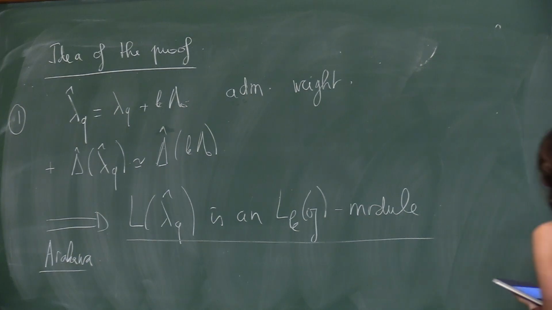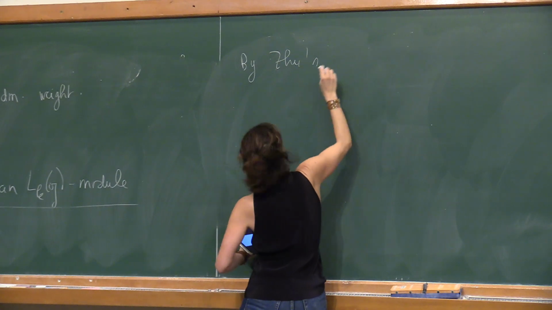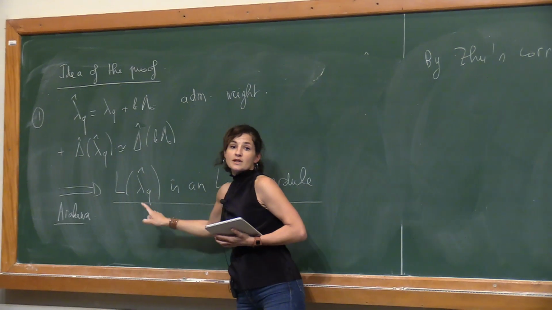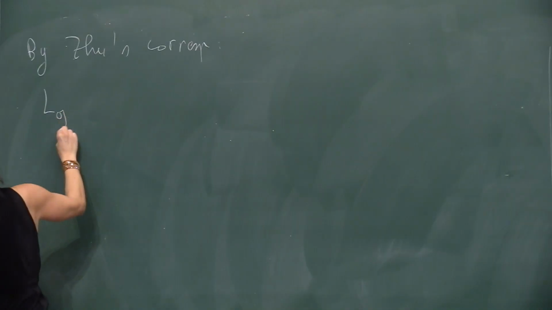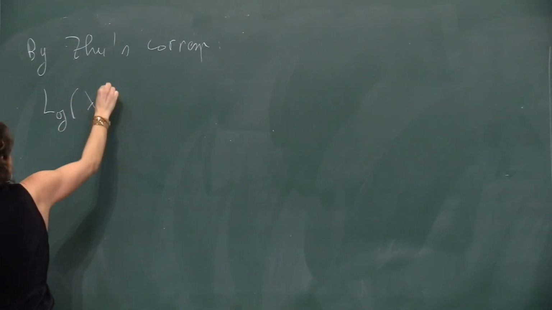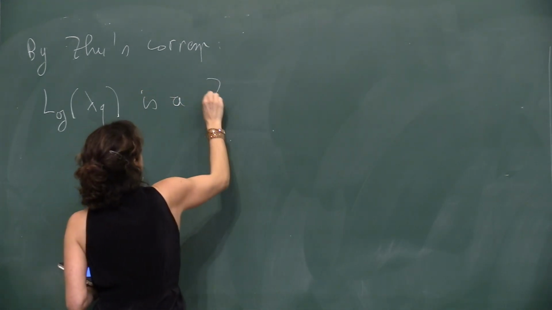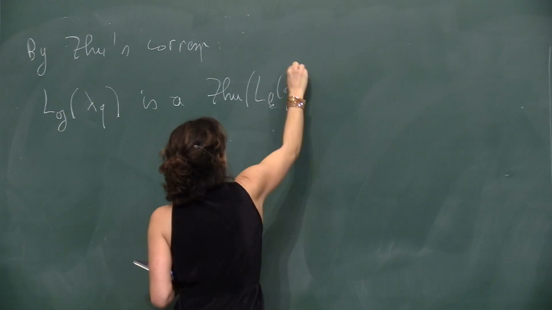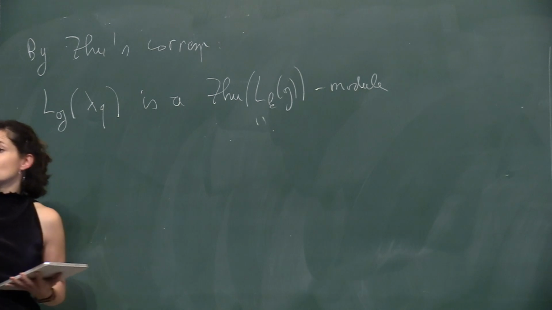So by those correspondences, it implies that the highest weight representation associated with the projection is a quotient of this one module, and this is a certain quotient of the enveloping algebra.